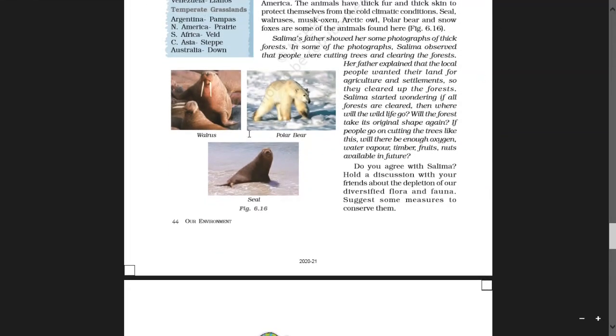You can see figure 6.16, showing different animals of the polar region.